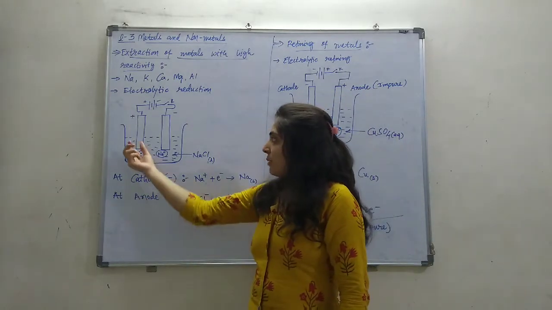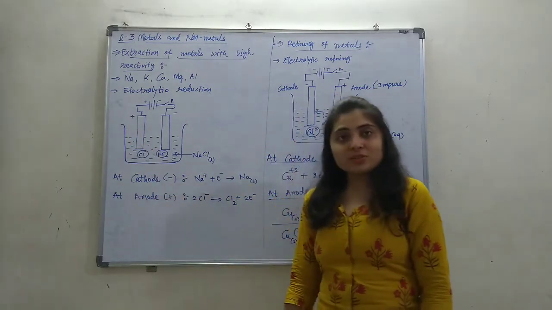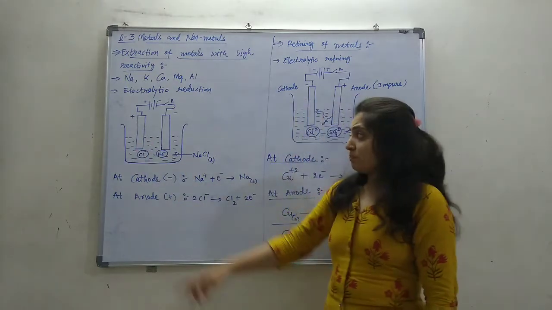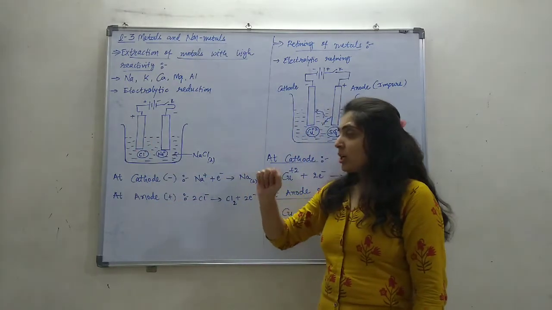And at the anode, that means the positive electrode, what happens? Chlorine negative ions will reach this electrode.